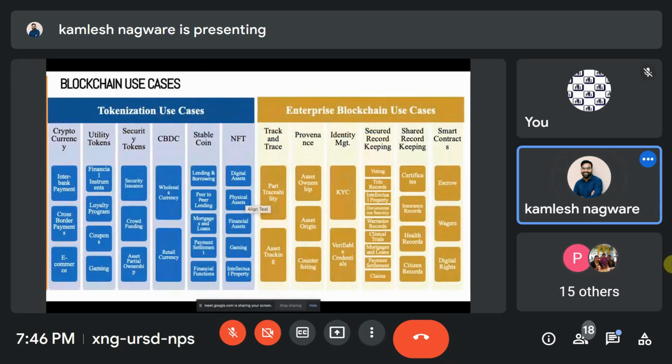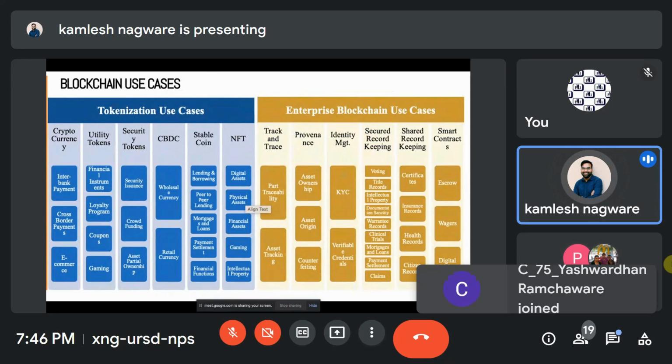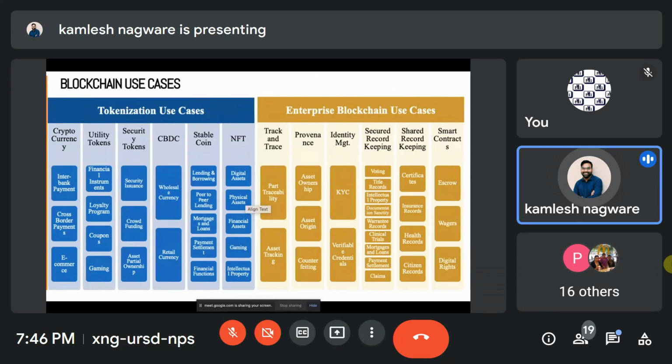Here I just mentioned tokenization. Tokenization is also a hot topic, and there's crypto. But in tokenization itself, cryptocurrency is just one part. There are other utility tokens, security tokens, CBDC, stablecoins, NFTs, and each has different use cases.